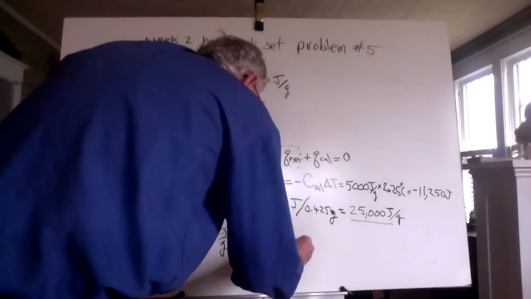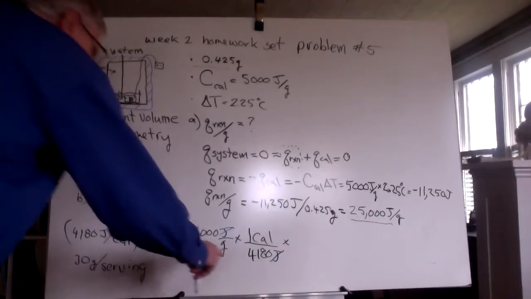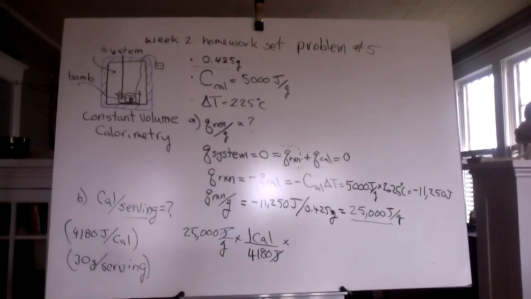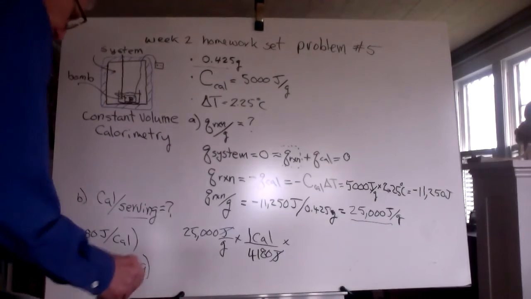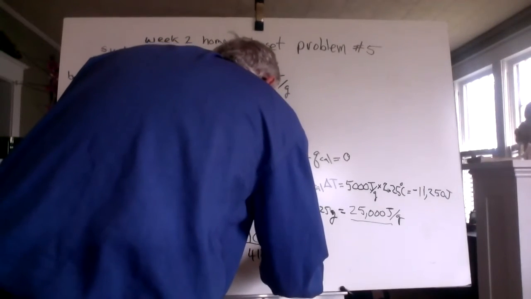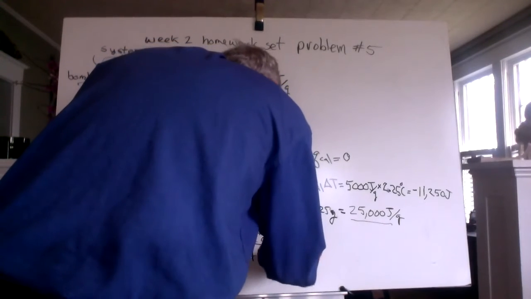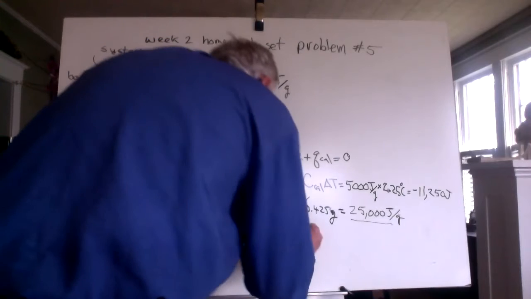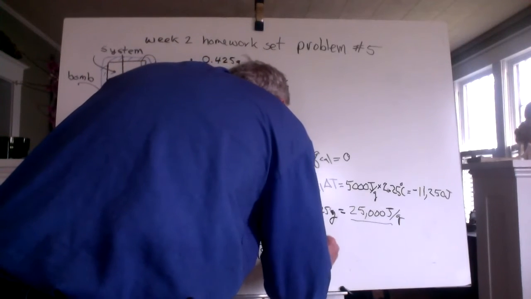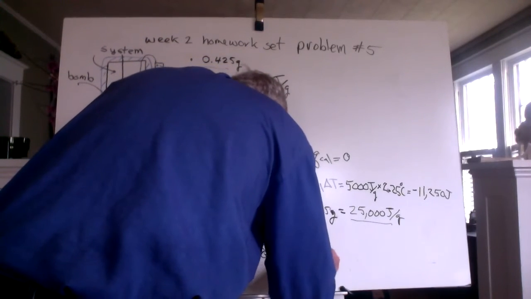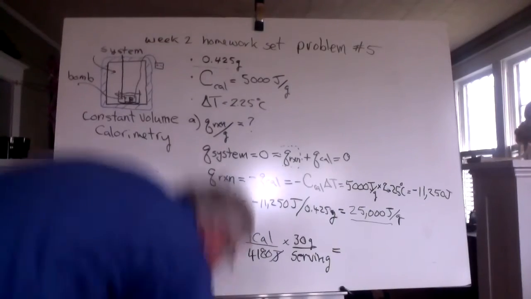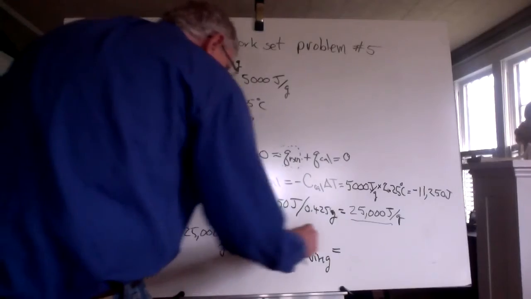And now one last change, we'll convert our grams into servings. And we'll use this conversion unit. There are 30 grams per serving according to this particular cereal. So we'll say there's 30 grams per serving. And notice that now the grams cancel as well.